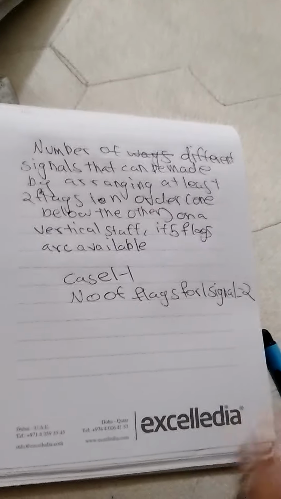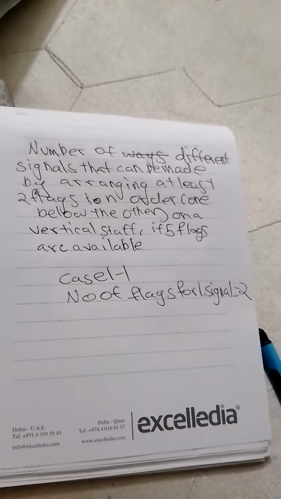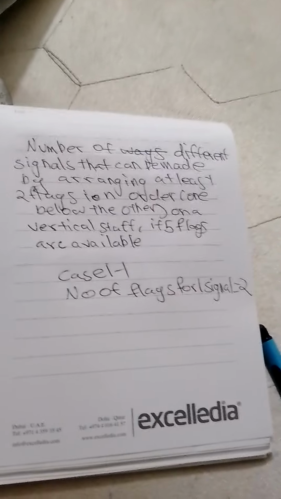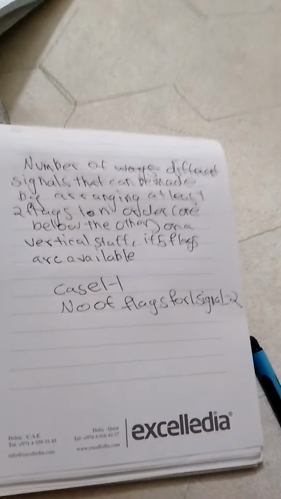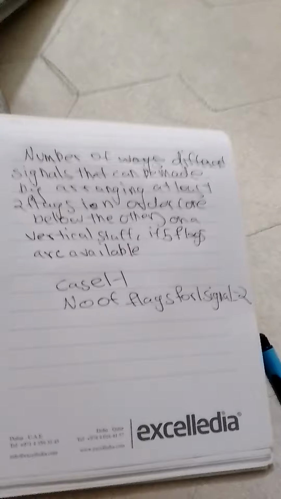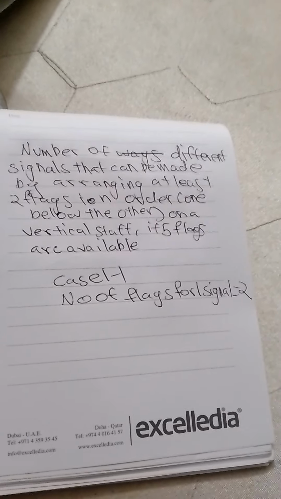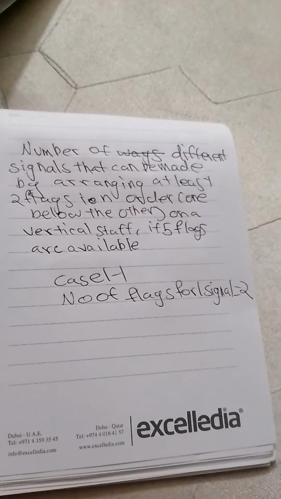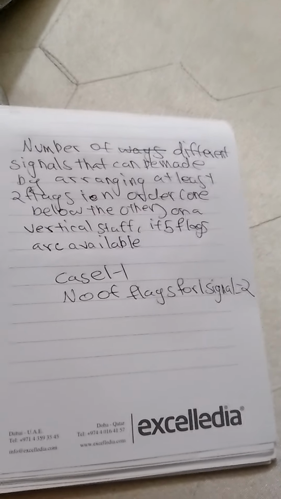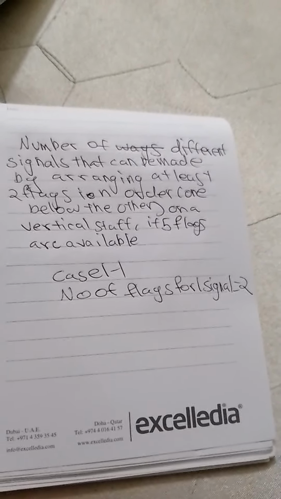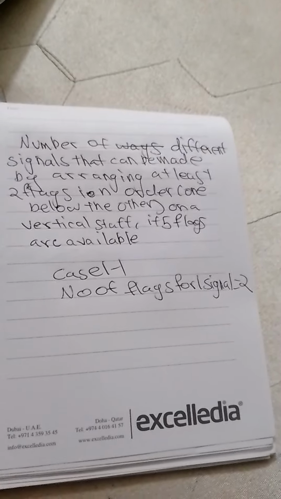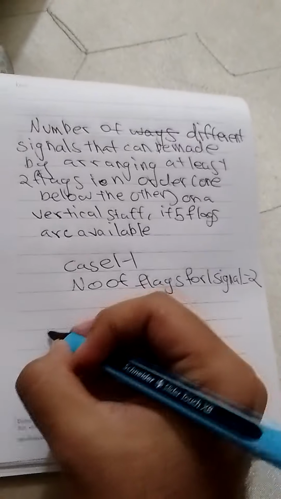So the number of ways of making a signal is the same as the number of signals made, because each way or each method to make a signal, if used, gives a unique signal which is different from the others, right? So the number of ways or methods to make the signal is equal to the number of possible signals. Let me note this down.